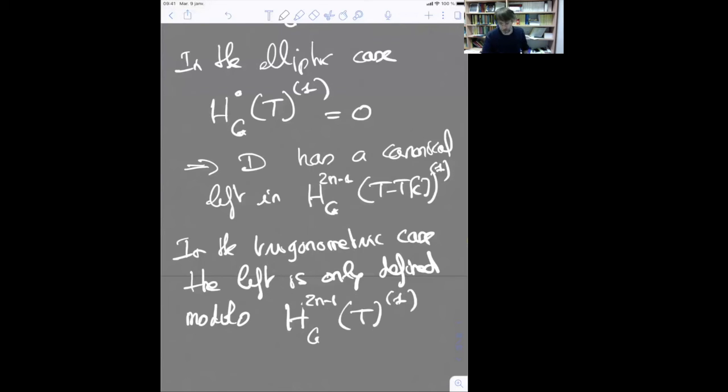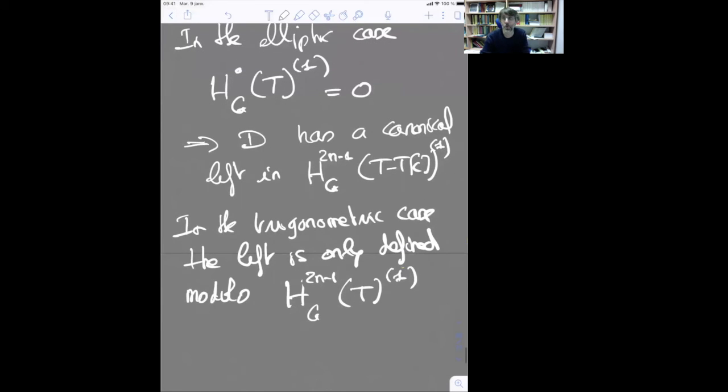So now there can be a kernel, but in any case we have a class, and we can control the defect of canonicity.